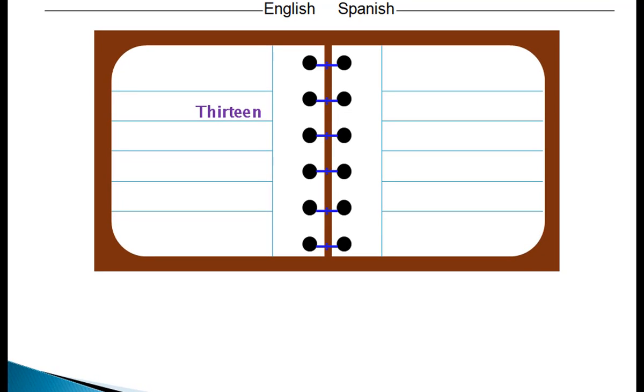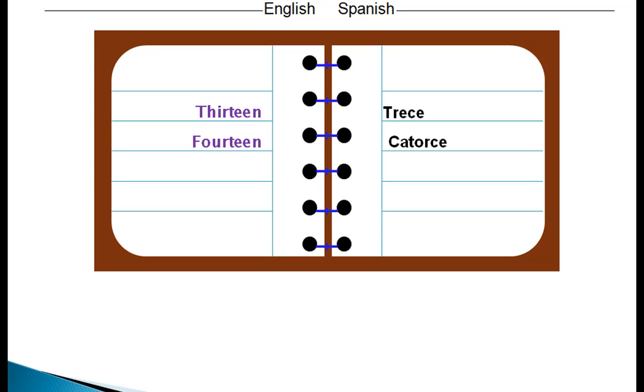So we have now 13, 14, 15. Each one of them has very different words in Spanish. So 13 is trece. Trece. 3 was tres. 13 is trece. 14, catorce.